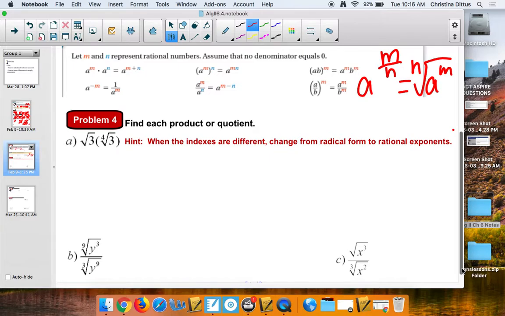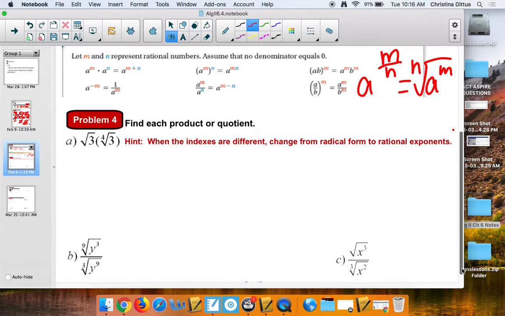What's the first index there? 2, and what's the second index? 4. Before I wouldn't be able to multiply that. But if I change it from radical to my fraction, my exponent, I will be able to multiply them.